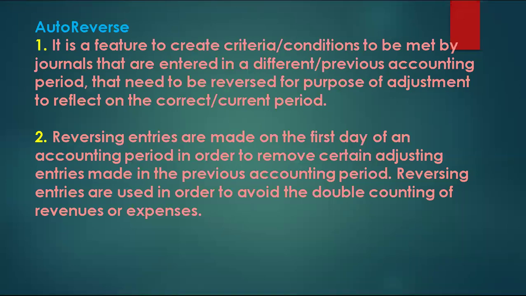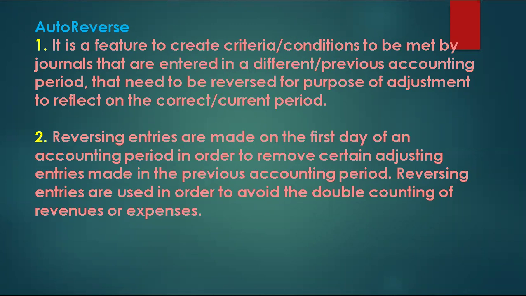So you can use the auto reversing feature. This will auto reverse all those journals based on the conditions that you have indicated, to a point that you can now post them in the correct period that you want them to reflect.